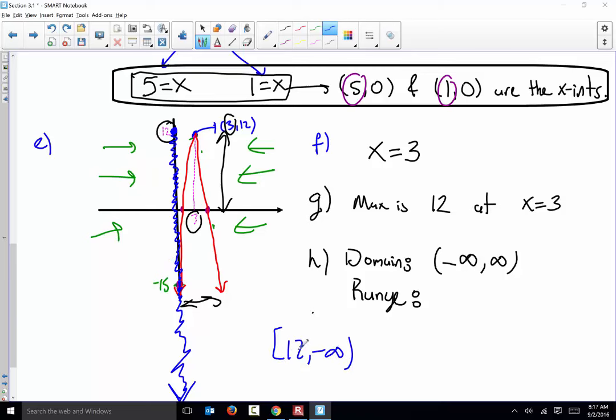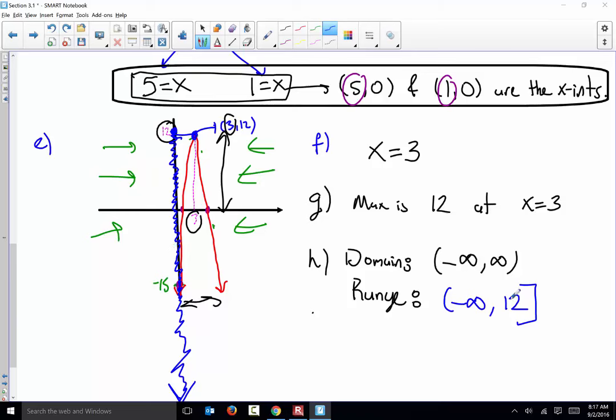No, in interval notation, you need to always go from smaller values to bigger. Negative infinity is smaller than 12. So it needs to be negative infinity first up to 12. Shall we count 12 in or excluded? Bracket or parentheses? So bracket, because this maximum value creates this value, right?